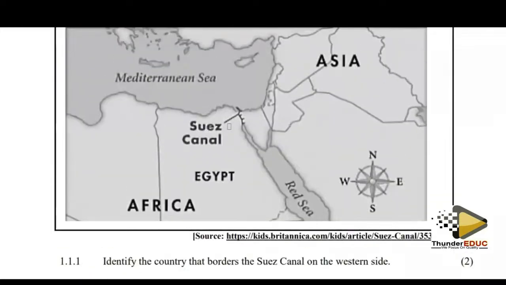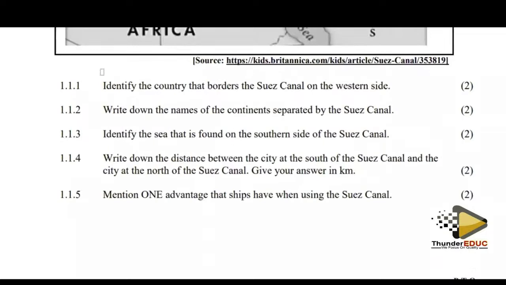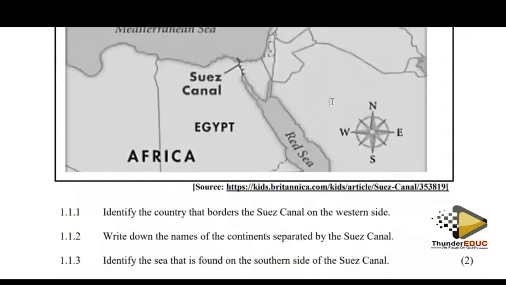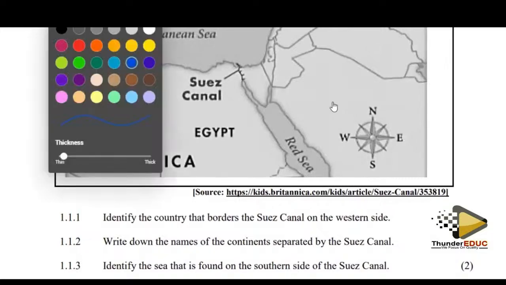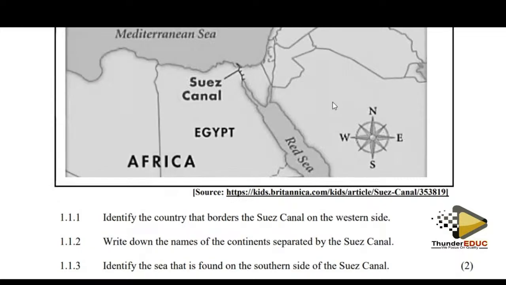Here's the diagram, here's the map. Identify the country that borders the Suez Canal on the western side. So first and foremost, look for the Suez Canal. The Suez Canal is here.